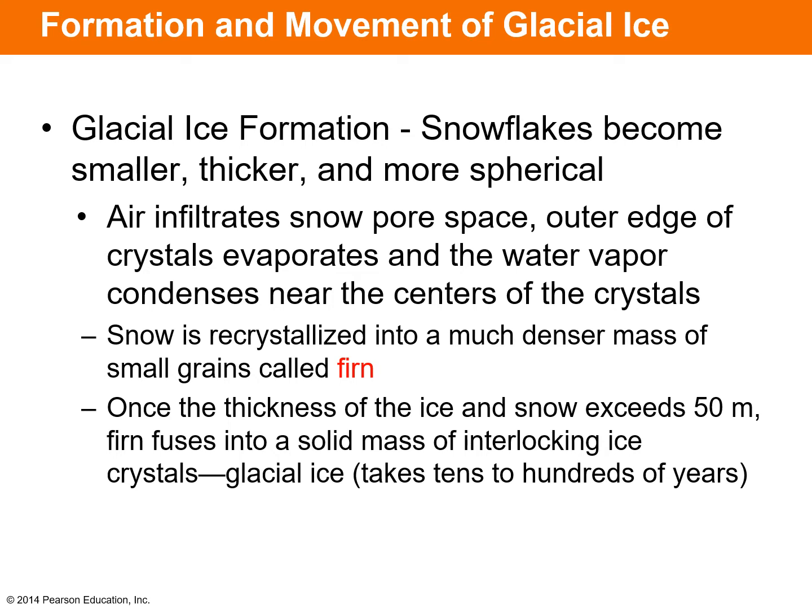And this type of accumulation of snow and recrystallization into glacial ice can ultimately take tens to hundreds of years to achieve that much snow buildup and the transformation of firn into glacial ice.